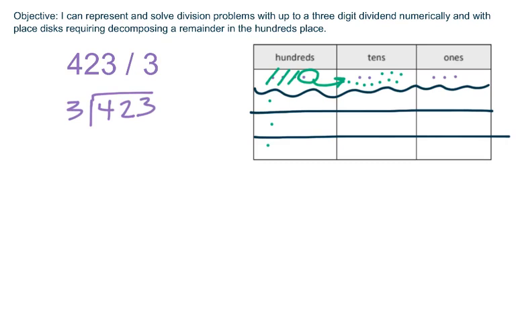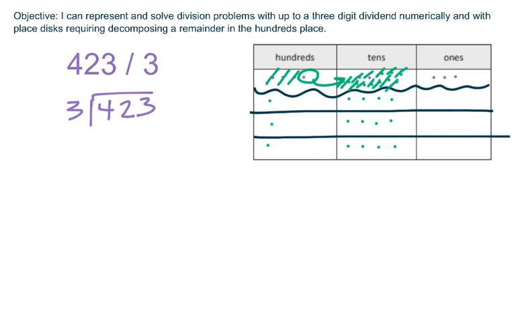So right now I have 12 tens that I'm going to be distributing into 3 groups. 1, 2, 3, 1, 2, 3, 4, 5, 6, 7, 8, 9, 10, 11, 12.